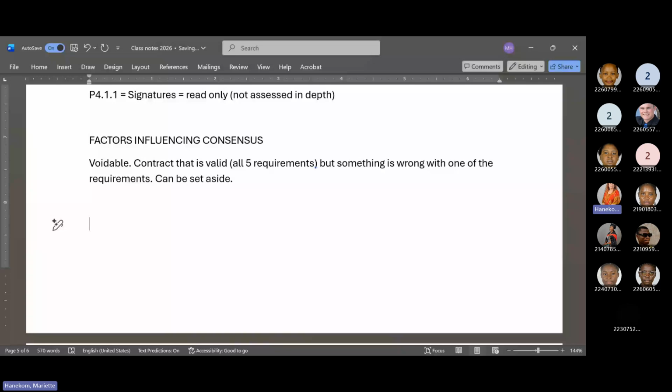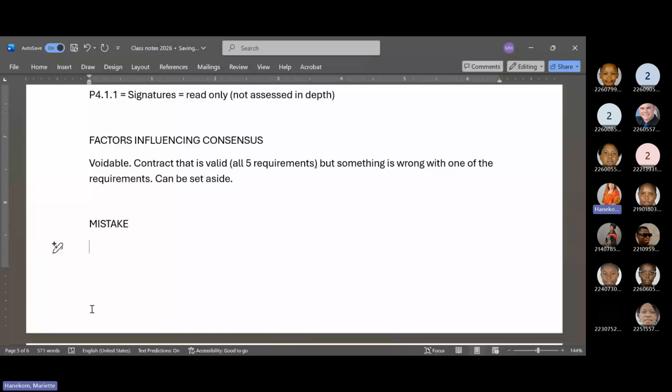So the first of these factors is mistake. Mistake in law, in the law of contracts, literally means what it does in the English language.